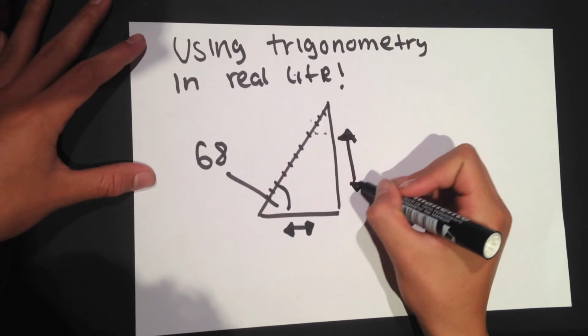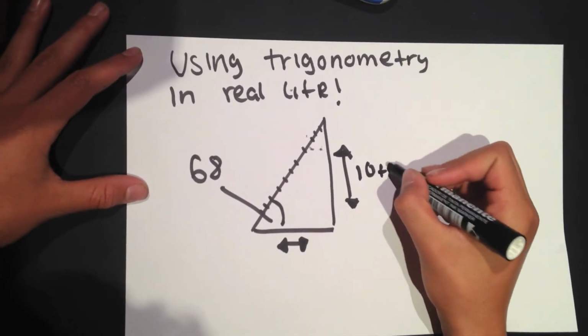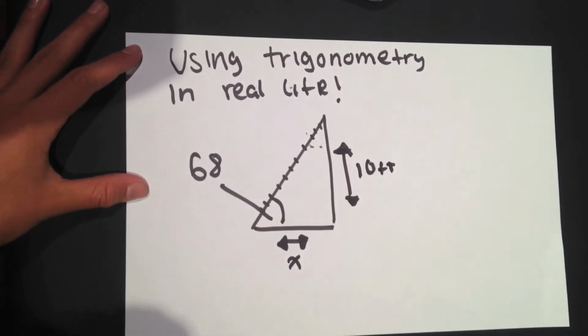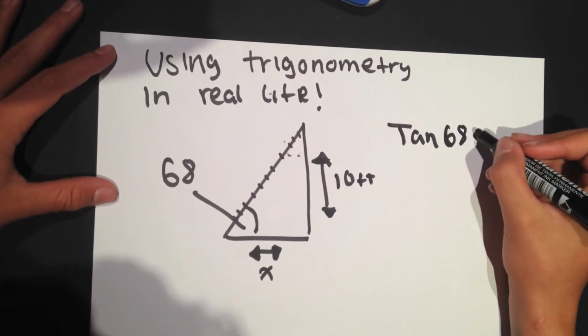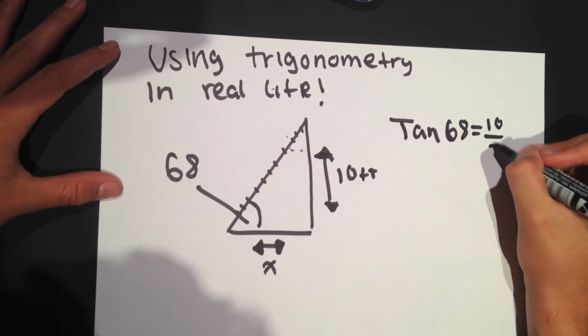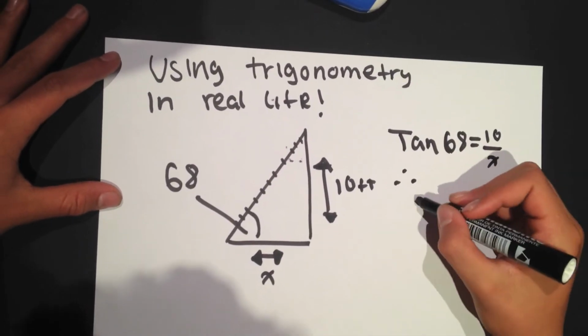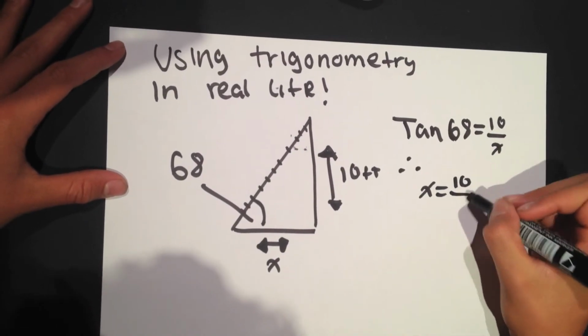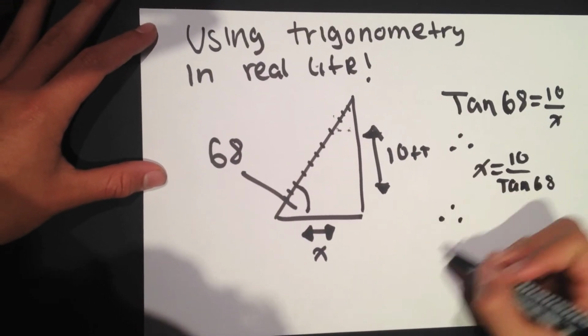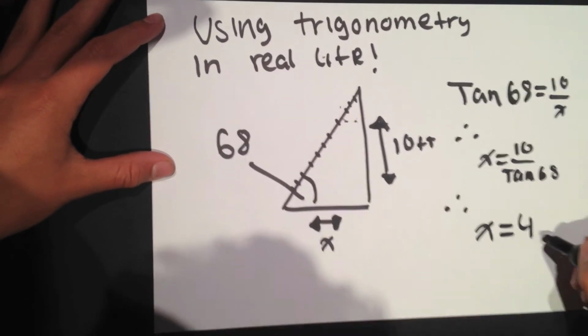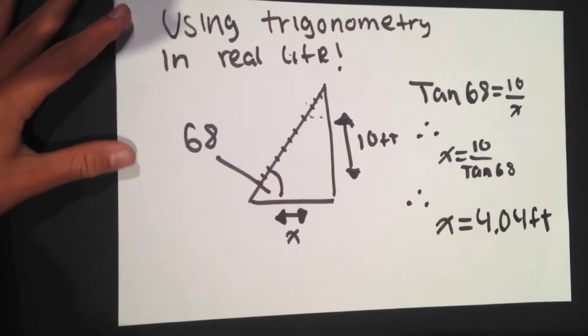Imagine that wall was 10 feet tall and you're trying to find the distance from the wall to the ladder. To do that you would have to use trigonometry. So you would write tan 68 equals 10 over x. Therefore, x equals 10 over tan 68. That means that x equals 4.04 feet.